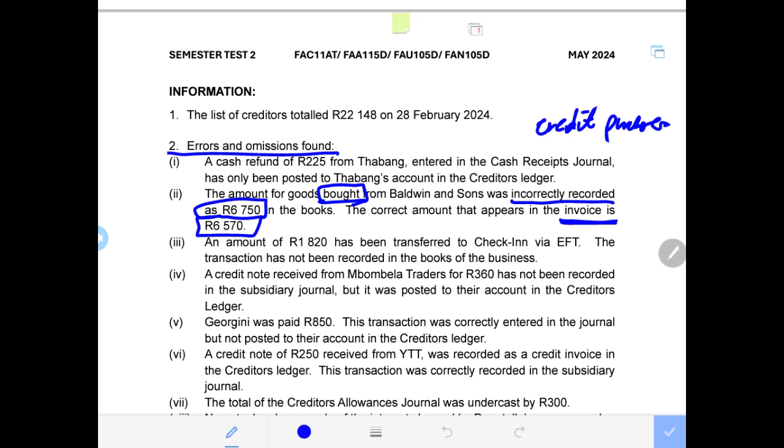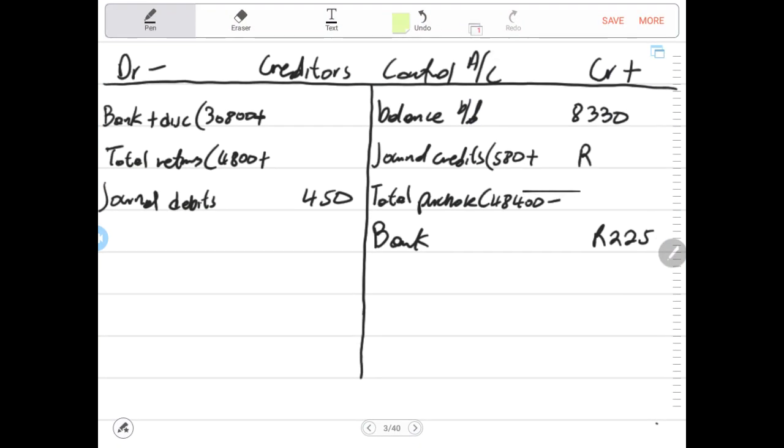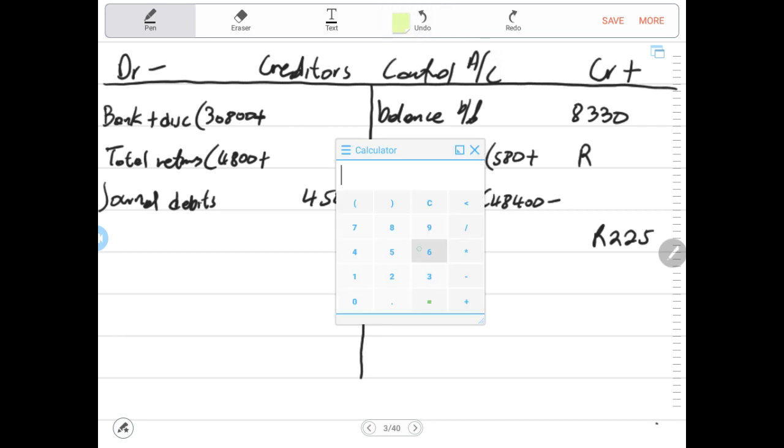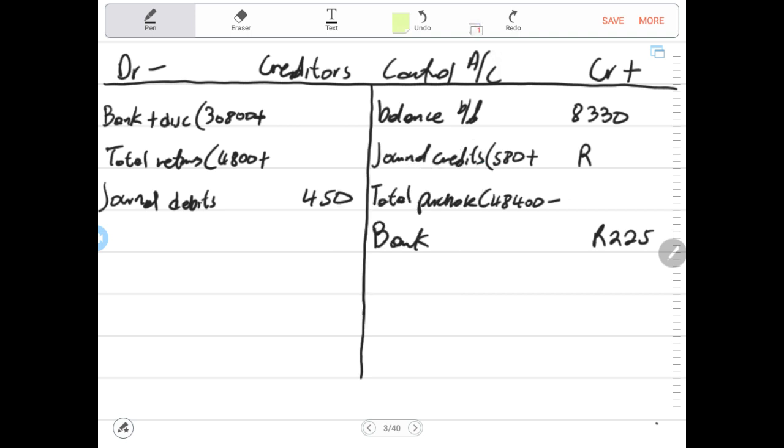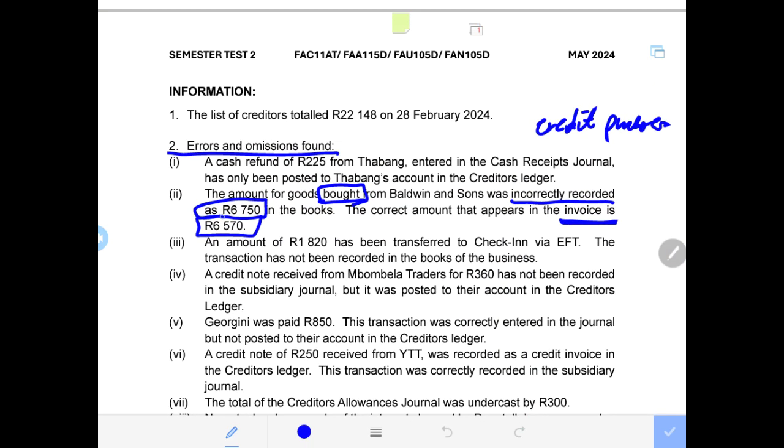We recorded 6,750, and the amount is recorded on the correct side, meaning on the credit side under our purchases. We recorded 6,750 instead of 6,570. That means the 180 rand indicates that our purchases are overstated, because we are supposed to record our credit purchases as 6,570.